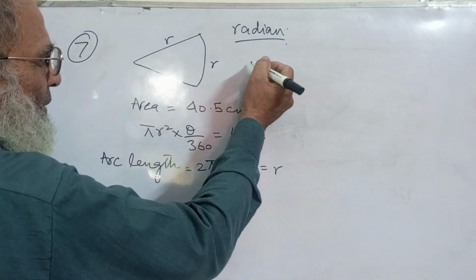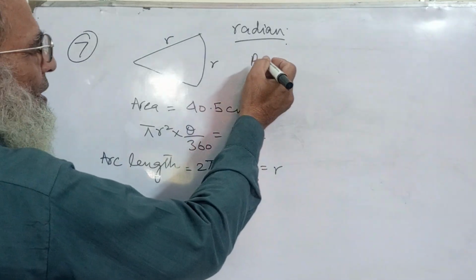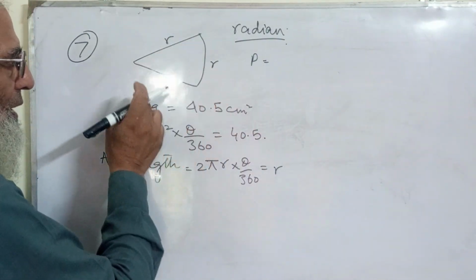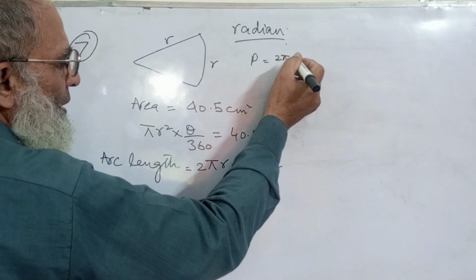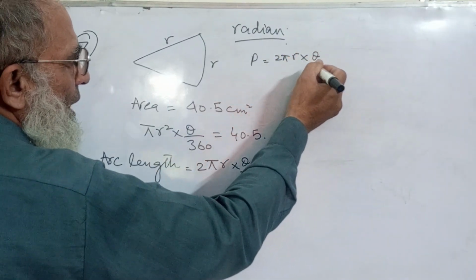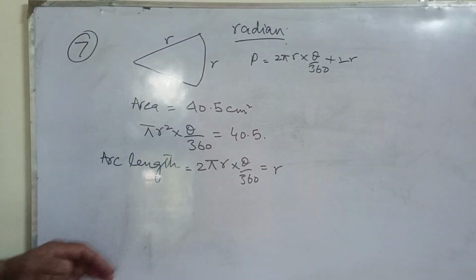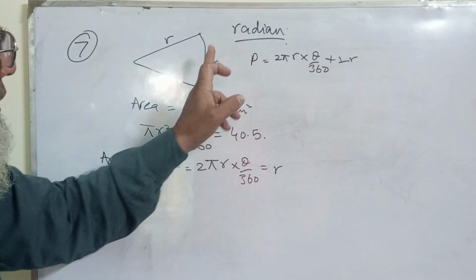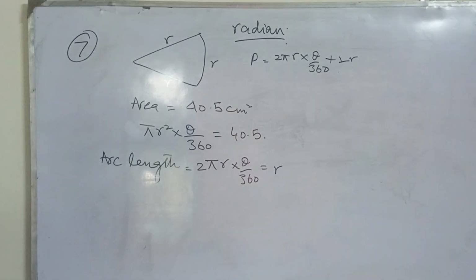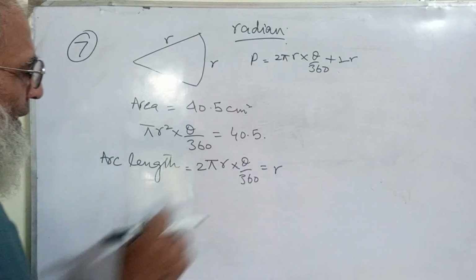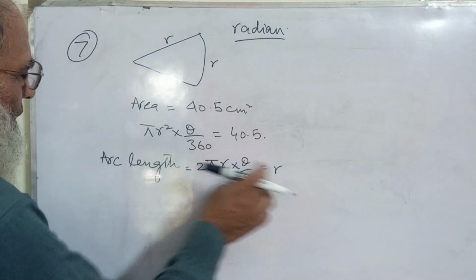If the perimeter was there, the formula is the same with a little difference, plus 2r. We don't need this 2r, because we are not finding the perimeter. We have to find the arc length, which is given as r, but that is an unknown quantity again.